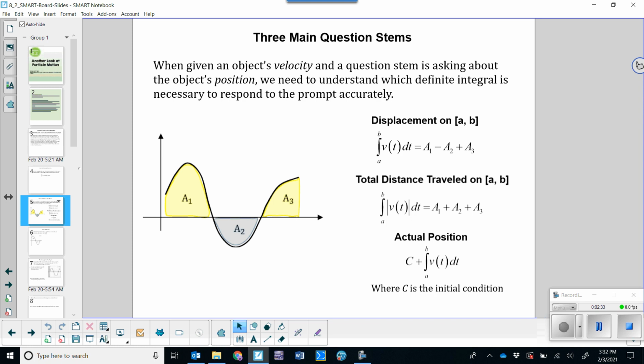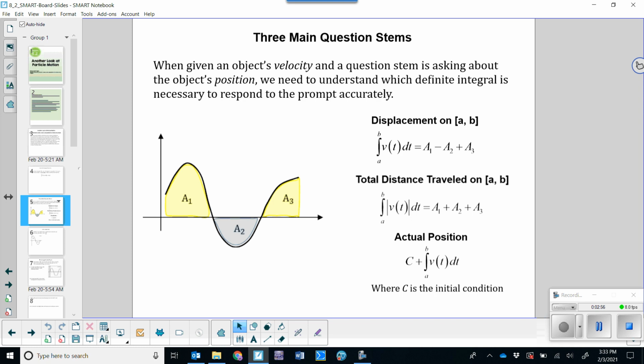So first thing, of course, is displacement. If your figure looks like the figure we have here, where we have A1, A2, and A3, these 3 areas. Now, of course, area is always positive, but the answer for using, for example, A2, that value underneath there is negative as far as the integral goes.